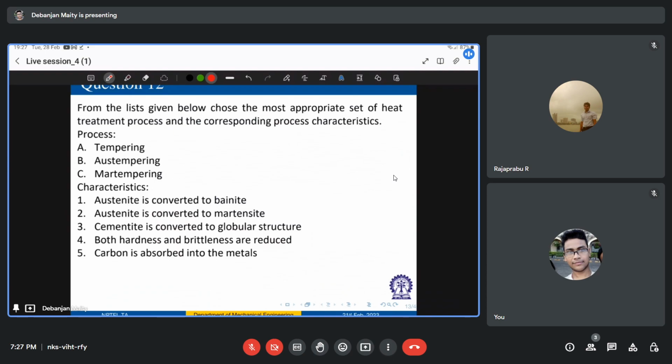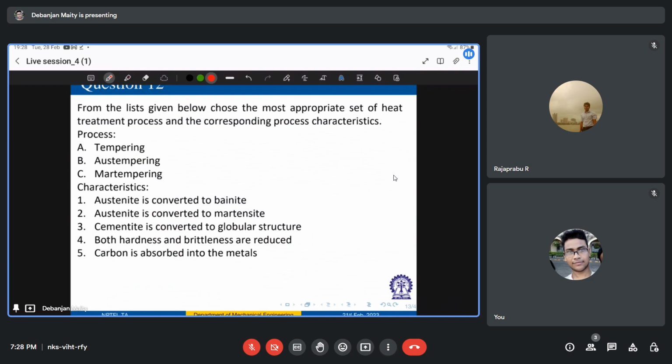We know what happens during austempering and martempering; we had a detailed discussion during this live session. You need to match the heat treatment process with its characteristics. The characteristic says austenite is converted to bainite, austenite is converted to martensite. So what is the transformation during austempering and martempering in terms of microstructure?